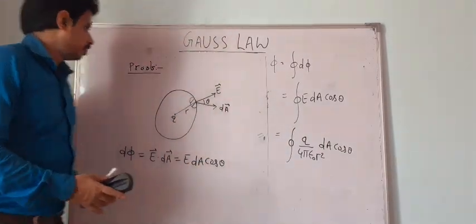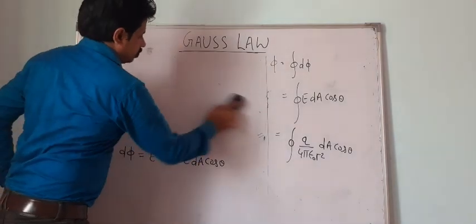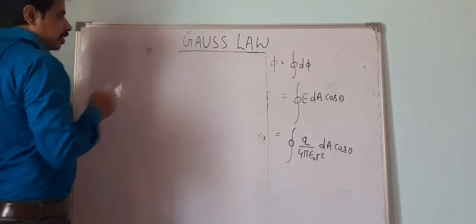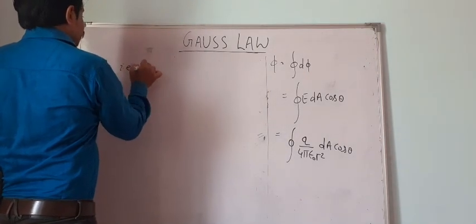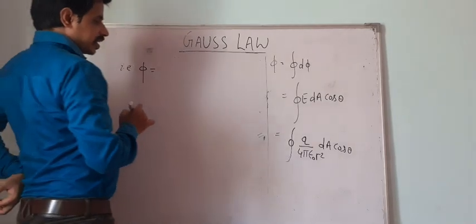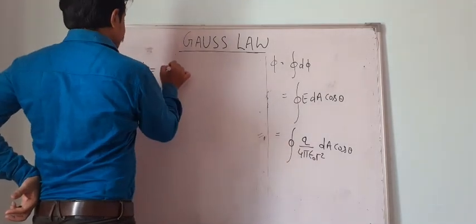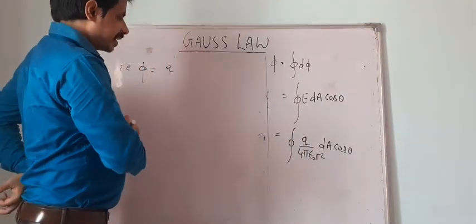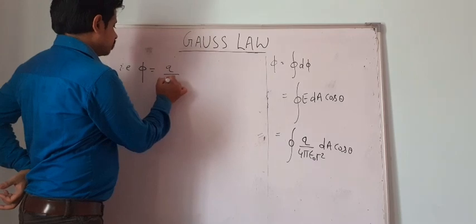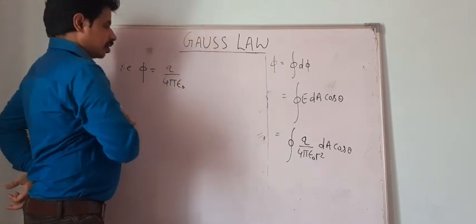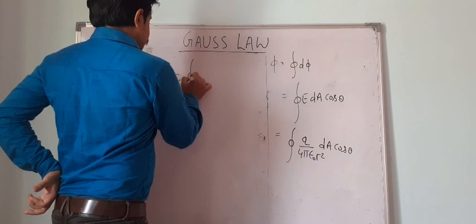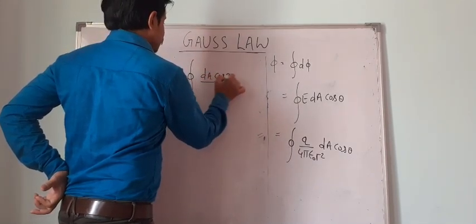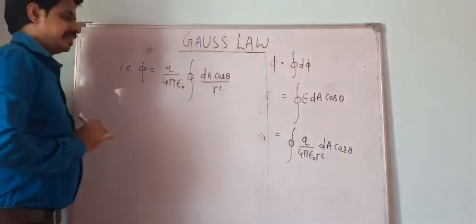So that is phi is equals to, taking q by 4 pi epsilon naught outside, q by 4 pi epsilon naught is a constant term, so can be taken outside from the integration, and dA cos theta by r square is inside.